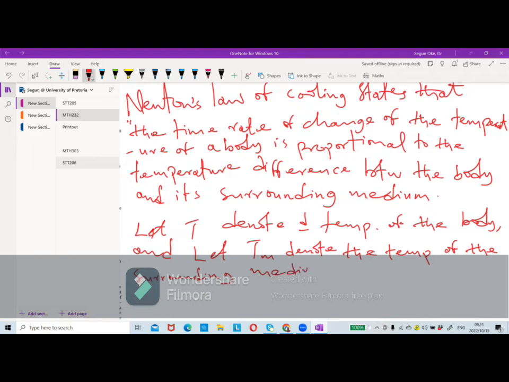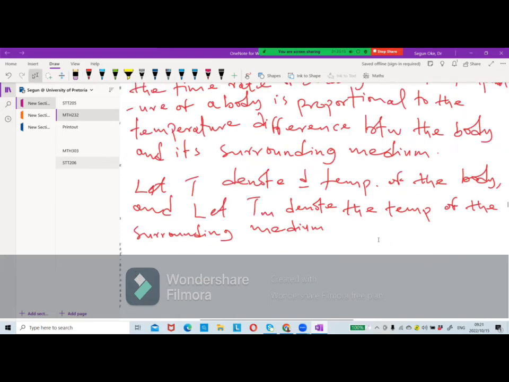You can see we use Tm for surrounding medium. When you are talking about temperature, let T represent the temperature. If you want to check the rate, it will be capital T, small t. So it denotes that.